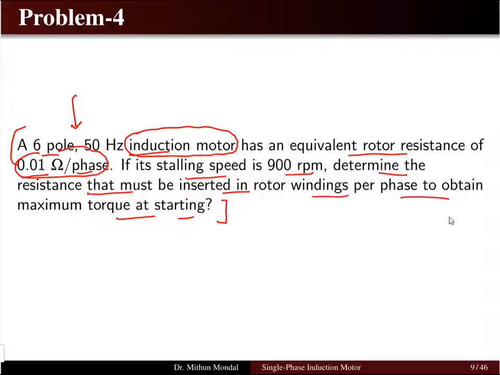If it is not stated, we have to determine it from other concepts, because here the rotor resistance is given per phase, and we have to determine what resistance to insert in the rotor winding per phase. So obviously it is a 3-phase problem.